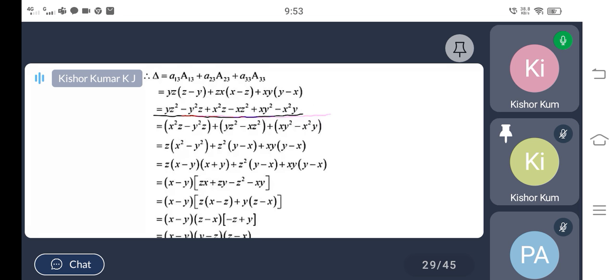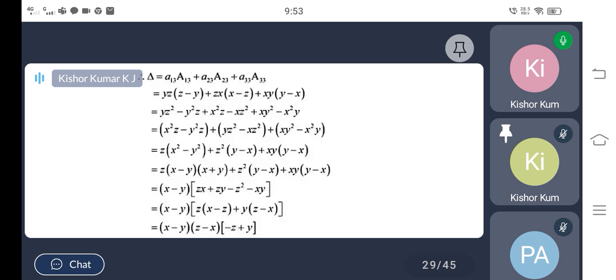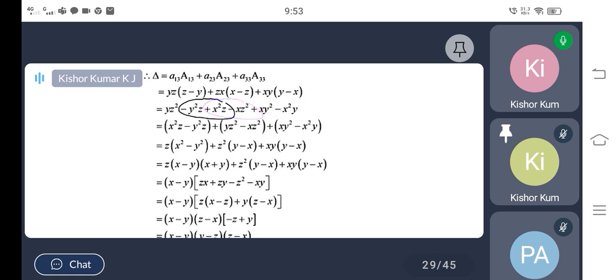The group will be like this: X square Z minus Y square Z, make a group of these two. And YZ square minus XZ square, make a group of these two terms. And finally, XY square minus X square Y, these two.